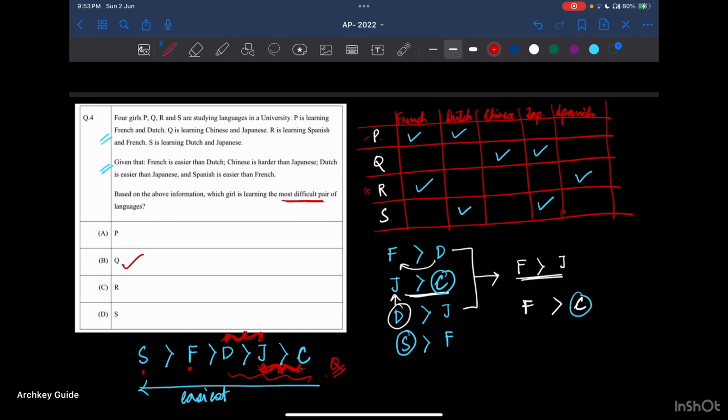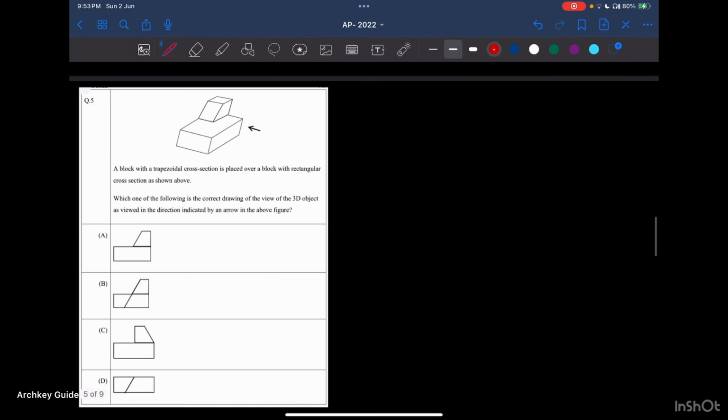Okay, moving ahead, we have this question. A block with trapezoidal cross section is placed over a block with rectangular cross section as shown above. Which one of the following is the correct drawing of the view of the 3D object as viewed in the direction? Okay, so if we view from here, what would be the shape?